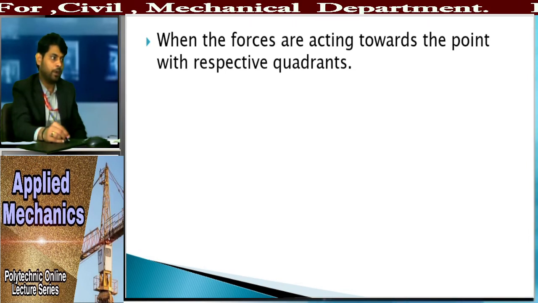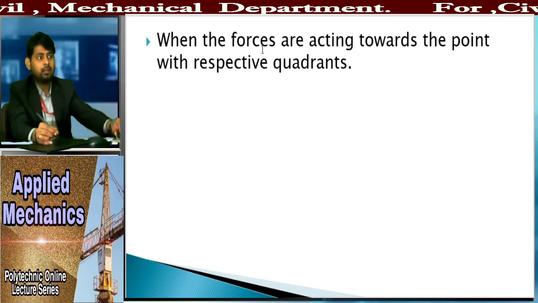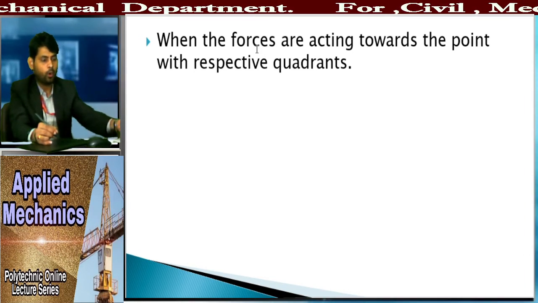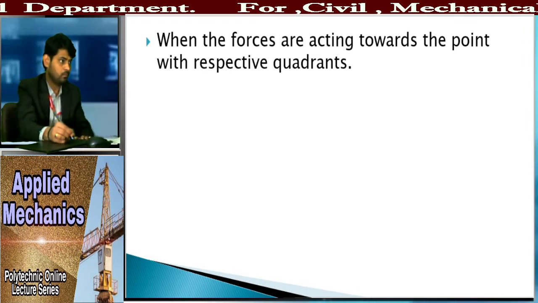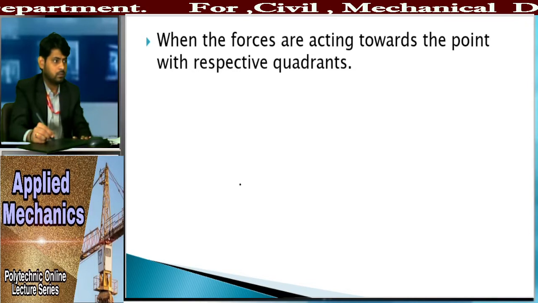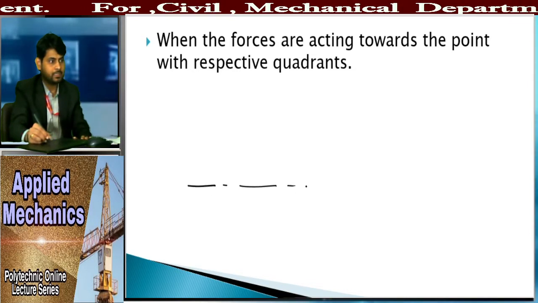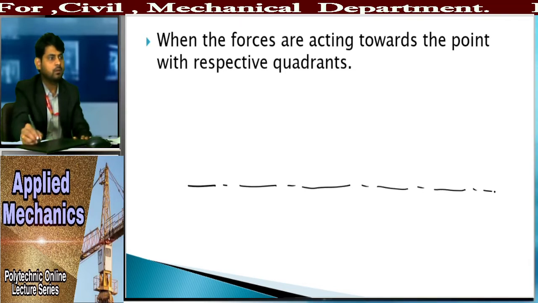Now you can see here, when the forces are acting towards the point with respect to the quadrant, similarly we have two axes. One is the x-axis and the second one is the y-axis.